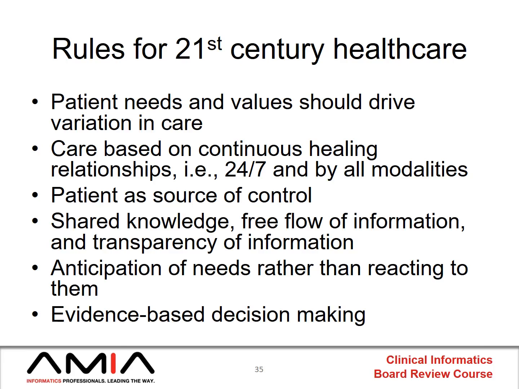The patient should be the source of control for healthcare decision making. There should be shared knowledge, free flow of information, and transparency of that information. The healthcare system should attempt to anticipate needs, rather than react to them, and decision making should be based on the best evidence.